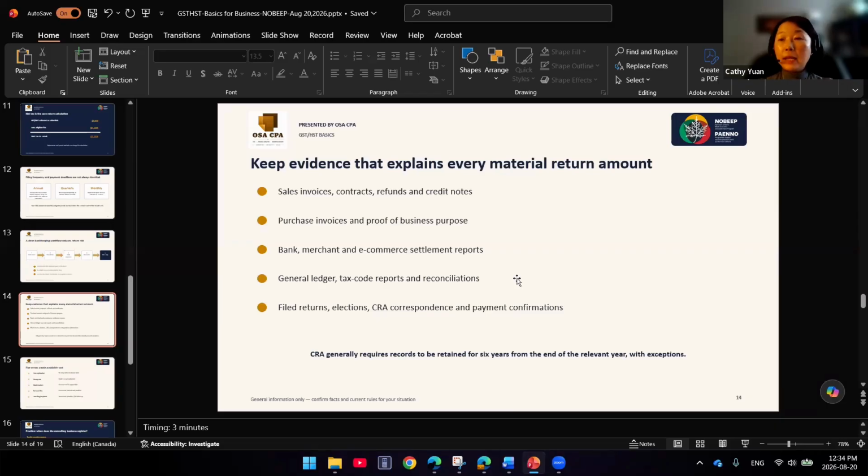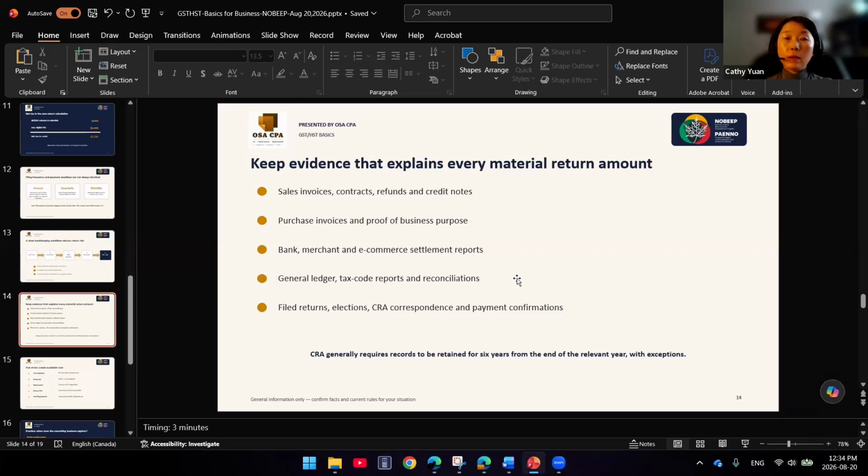This evidence may come from different documents: sales invoices, contracts, refunds, credit notes, or purchase invoices. You need to provide the purchase invoice to show you have this amount of ITCs.